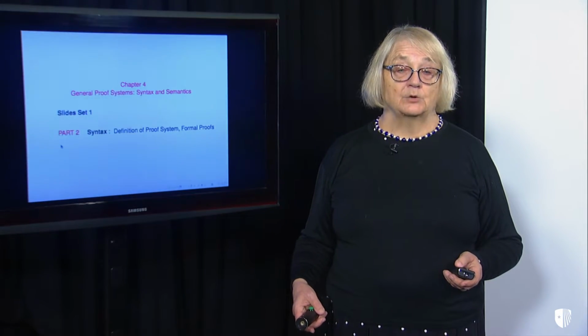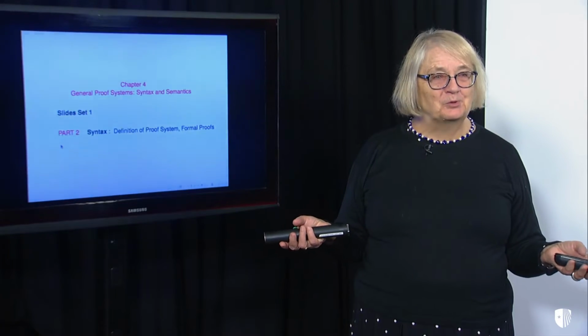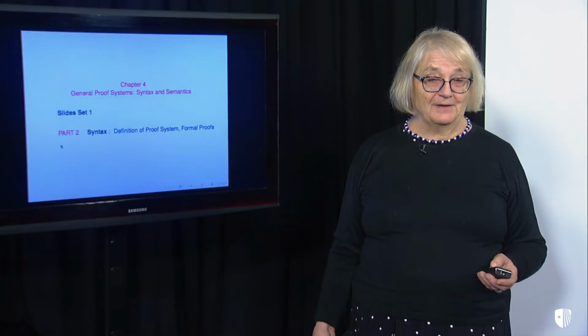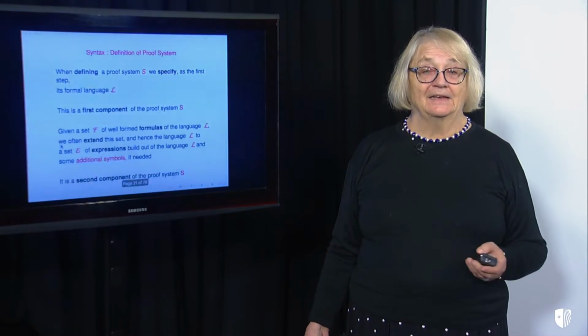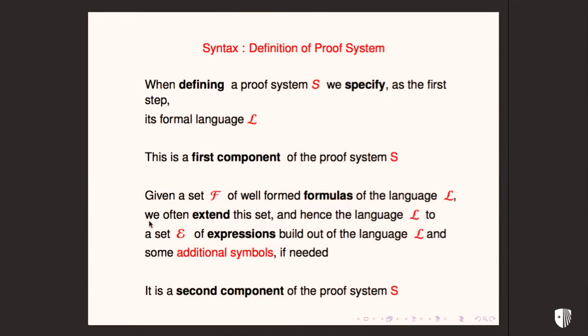So, syntax. That was just an intuitive introduction, and now we go into serious stuff. So it means definition. As I said, when defining a proof system, we specify the formal language. Of course, a language is an alphabet and well-formed formulas.